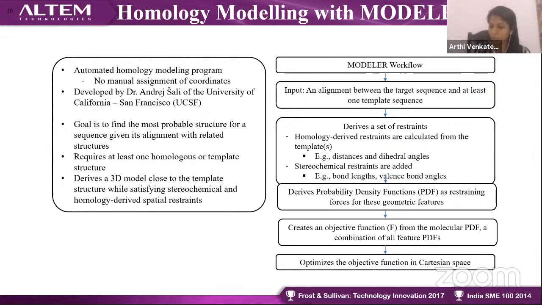If you need to study more about this, you can go to the Modeler website, where some PDFs are available on how Modeler works, what restraints are available, what the probability density function score is, why it is important, why it is used, and why it calculates the geometric features. These things will be available on the Modeler website itself.